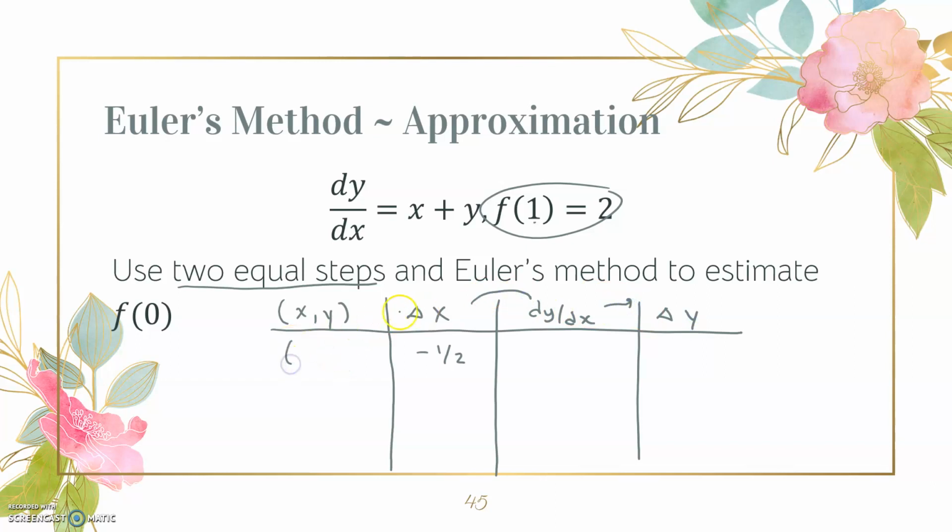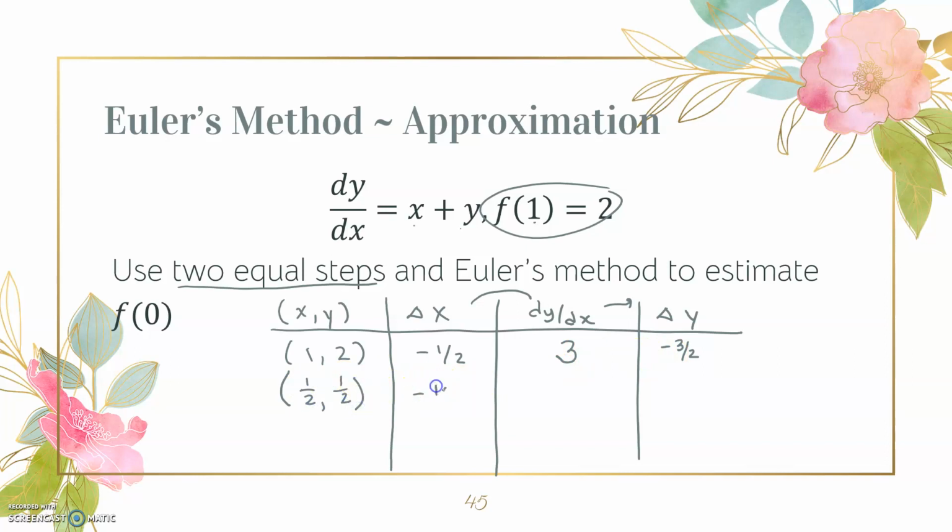So our initial point is (1, 2), our delta x is negative 1/2, and our dy/dx would be 3, because 1 plus 2 is 3. So our delta y would be negative 3/2. That means that our new point, since our x's are going down by 1/2, would be (1/2, 1/2).